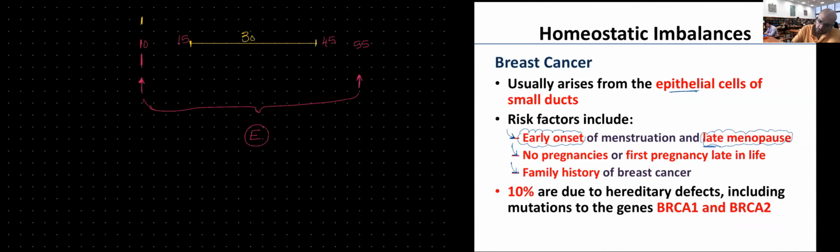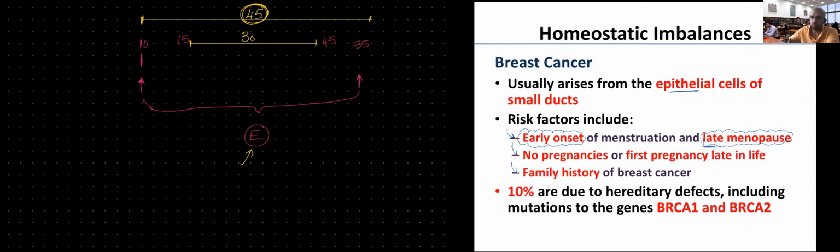So she had a fertility period for how long? 45 years. So she got an extra 15 years of being exposed to estrogen.